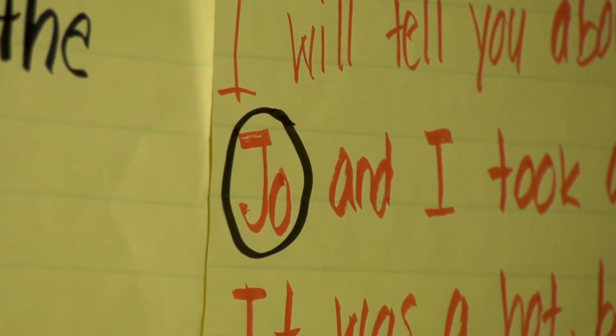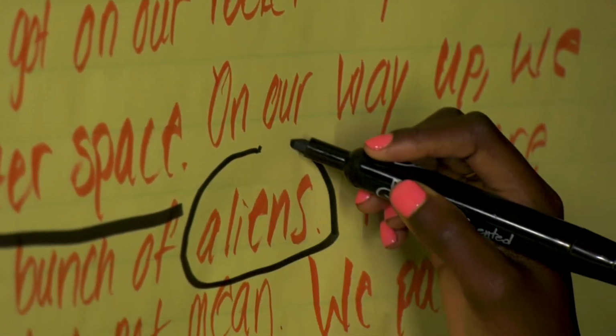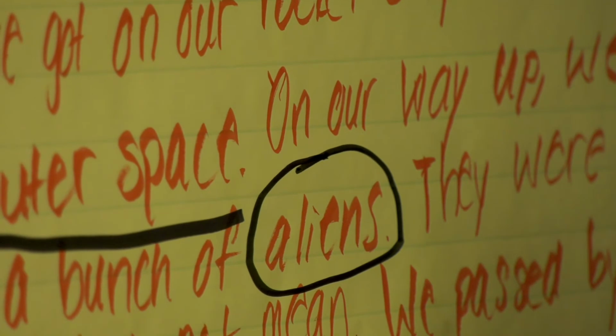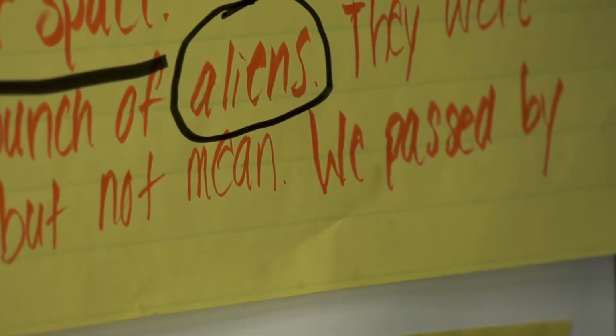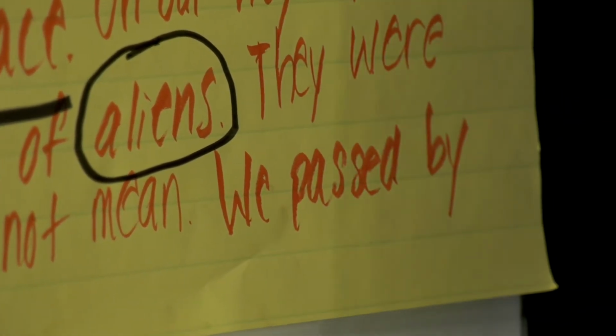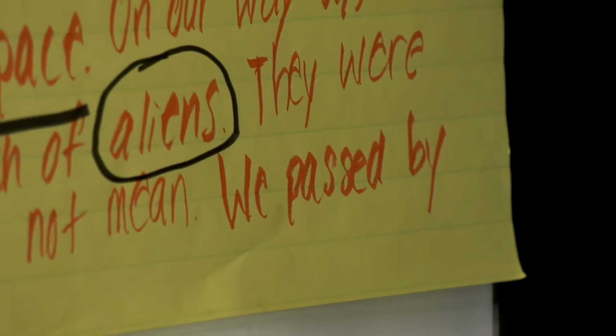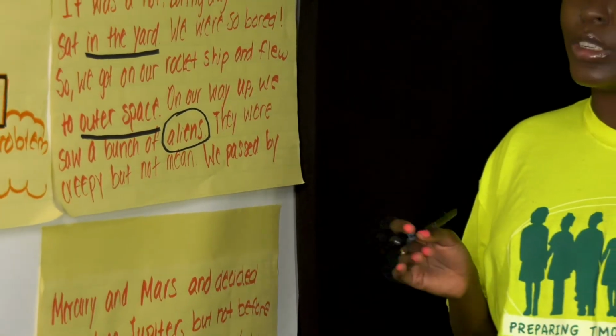Yes, there is. Okay, they pass by a bunch of aliens. Now these characters are not too important because all they did was pass by them. They didn't have a conversation with them. They didn't sit down and discuss anything with them. They were just passing right by. Okay, so these characters right here, the aliens, are not too important, but they are still characters.